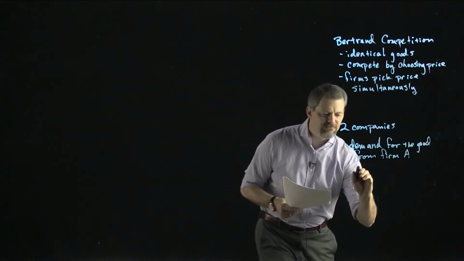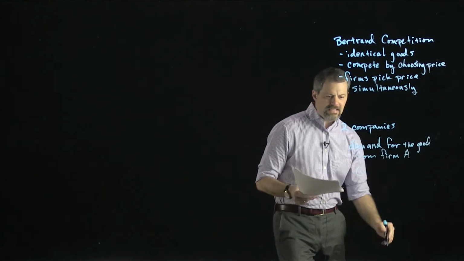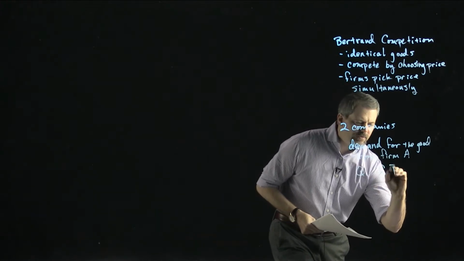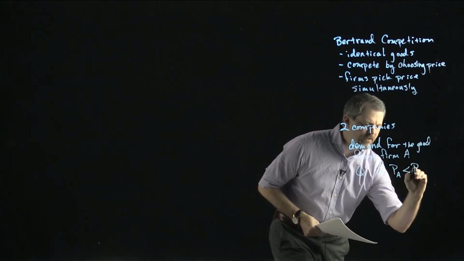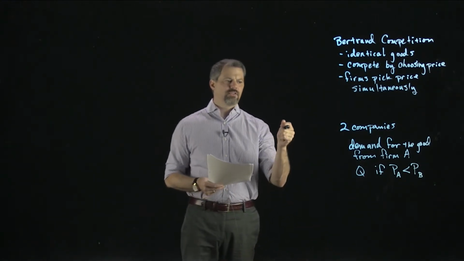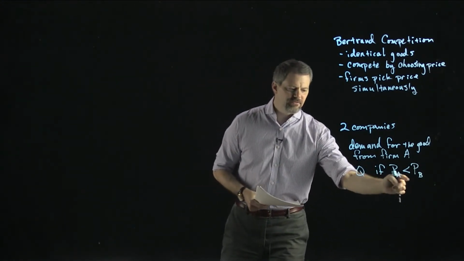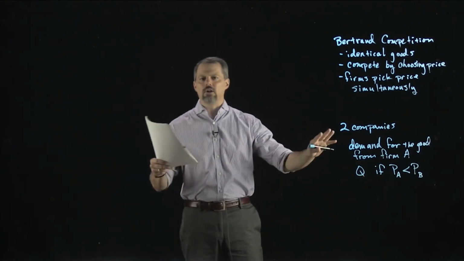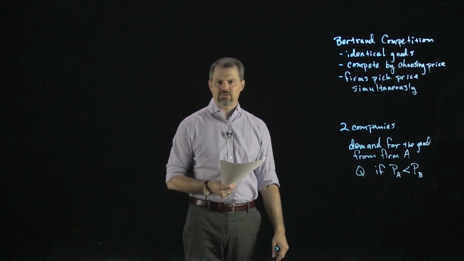It's going to be the full quantity if firm A's price is less than firm B's price. If firm A chooses a lower price than firm B, then they're going to sell all of the quantity that consumers want to buy.